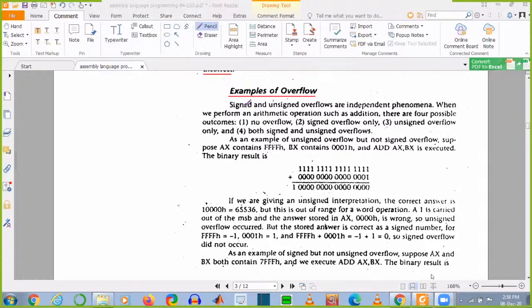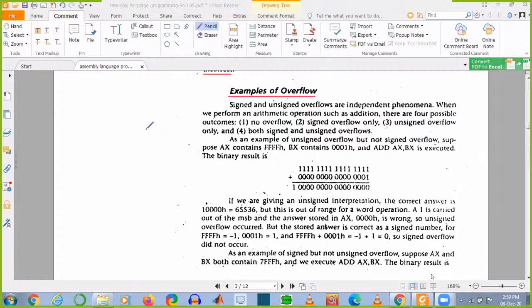Whom can I ask? Okay. Sabir Ahmed. Yes, sir. Okay, can you say that sign overflow affects which flag? Sir, sign.